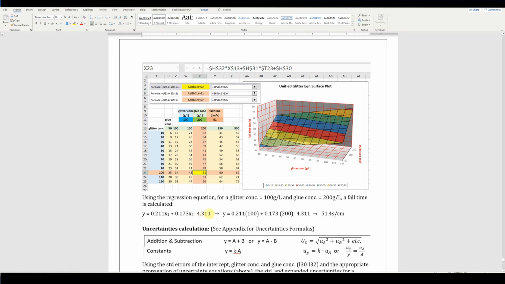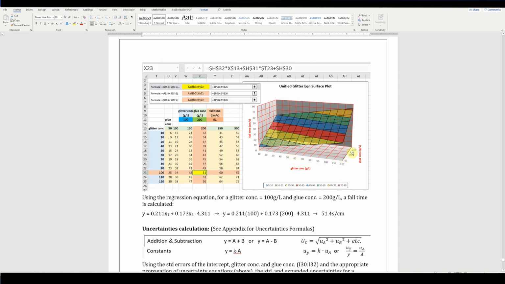So taking this equation, I then calculated the fall time at various glitter concentrations and glue concentrations and put it up in a table here and then plotted it as a surface plot. So we can see the vertical axis is the fall time, the front axis is the glitter concentration, the depth axis is the glue concentration.